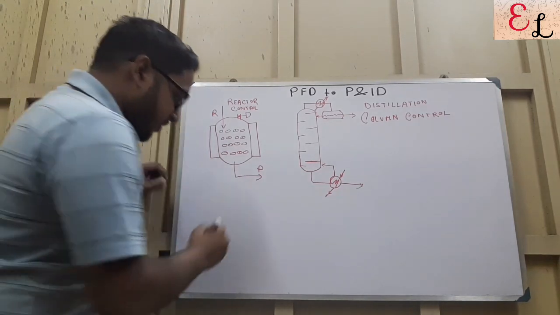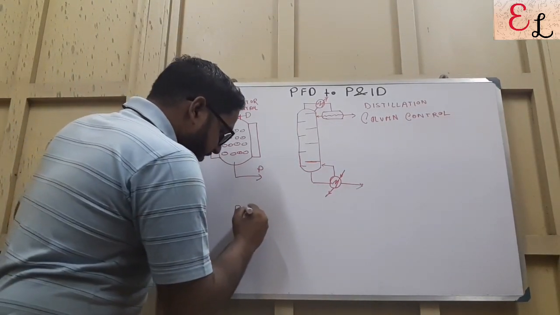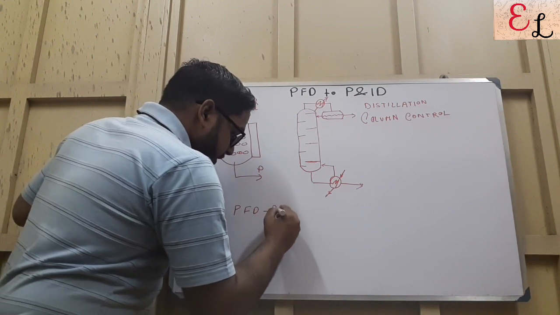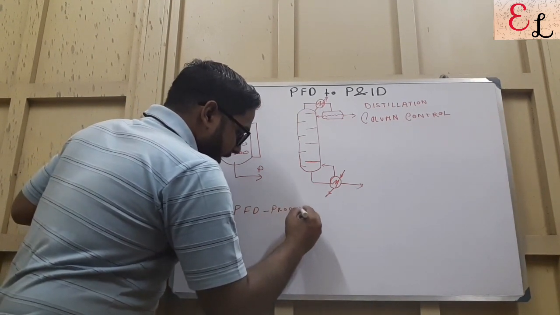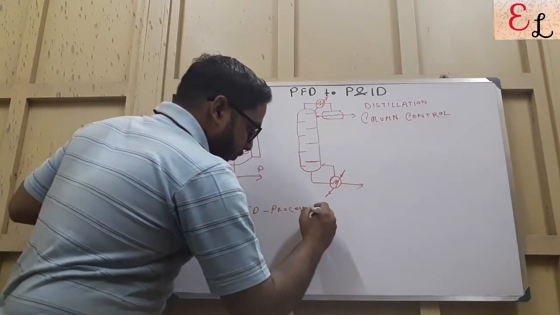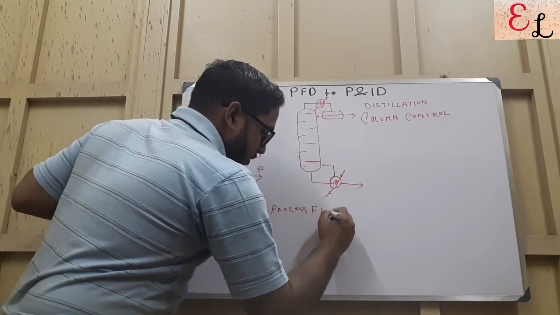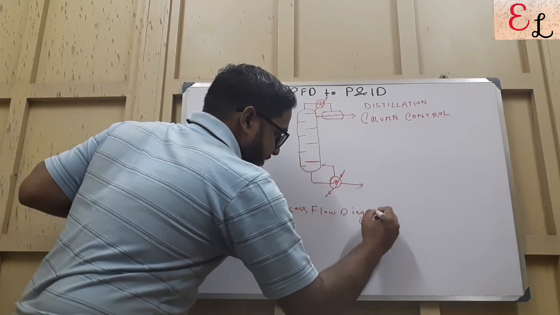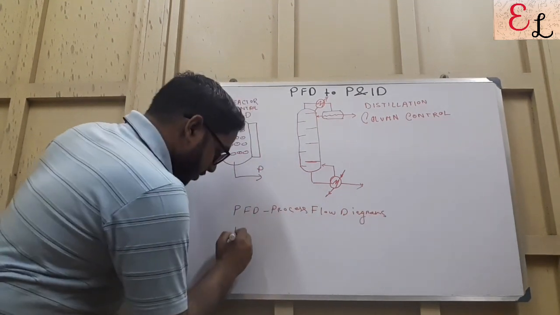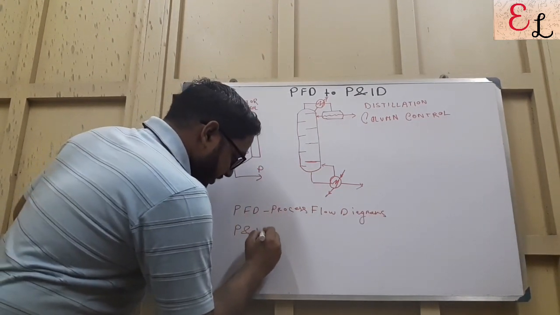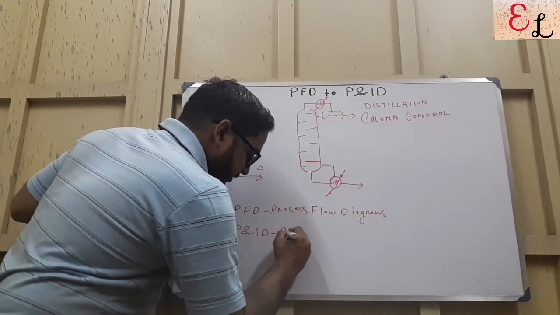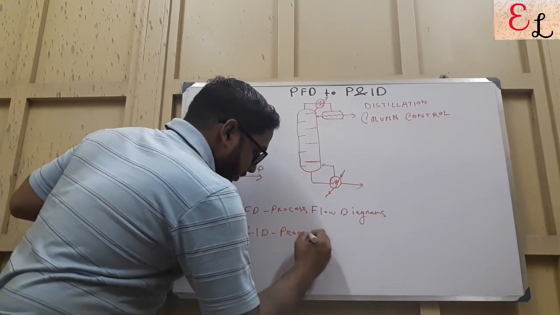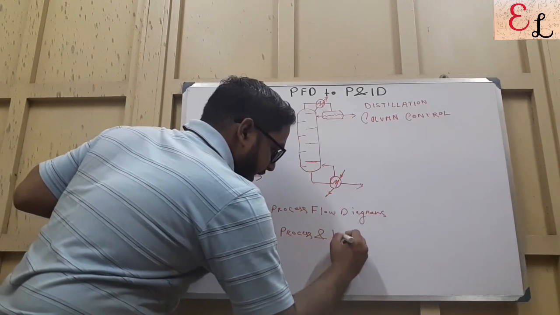Now PFD stands for process flow diagram. That is the basic flow diagram for a particular industrial process. And P&ID, as everyone should be aware of by now, stands for process and instrumentation diagram.